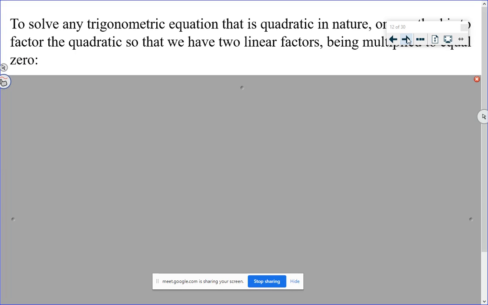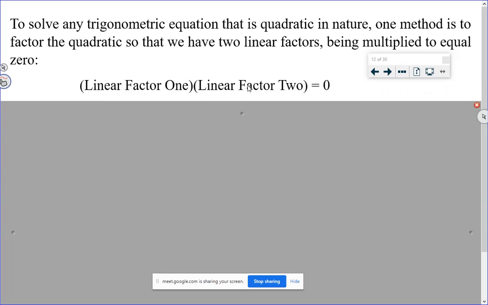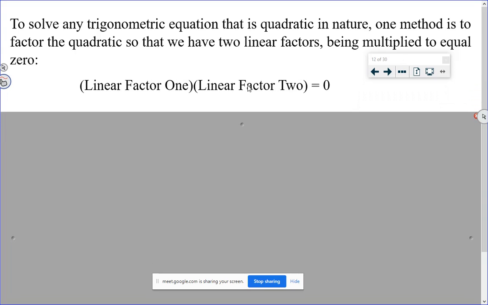So to solve any trigonometric equation that's quadratic, that's right, a trigonometric equation that's quadratic is what we're going to be looking at solving. You want to, in general, factor it so that you have two factors. So this isn't going to be 2x and 1. It's going to be expressions with sines and cosines and tangents and cosecants and all of that.